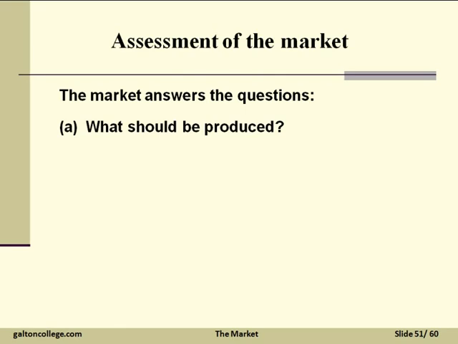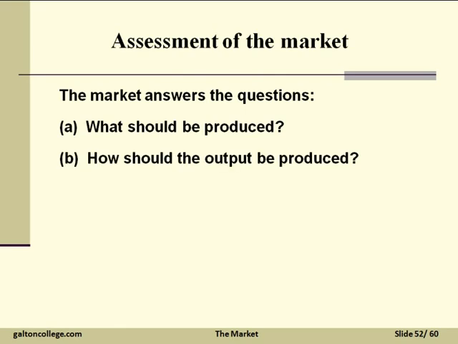And the market solves that automatically. How should it be produced? What technology should be used? Well, the most efficient, the most cost saving. And again, the market will put pressure on the producers to ensure that that's kept at a minimum. So it's argued that the market will lead to efficiency.